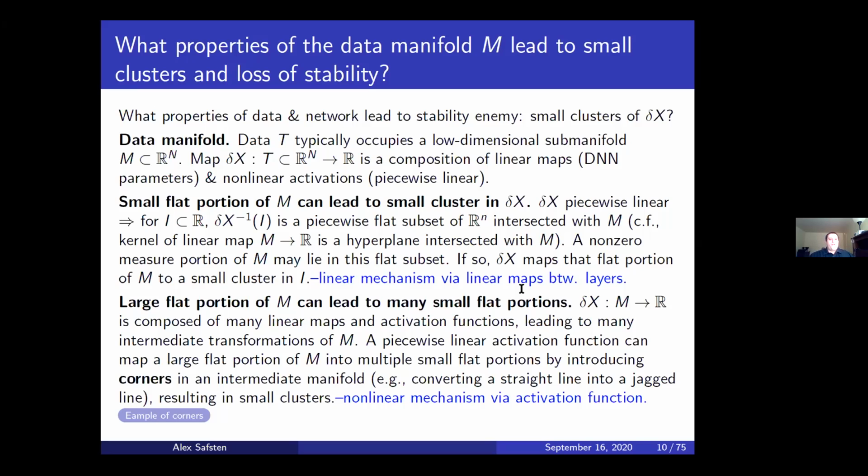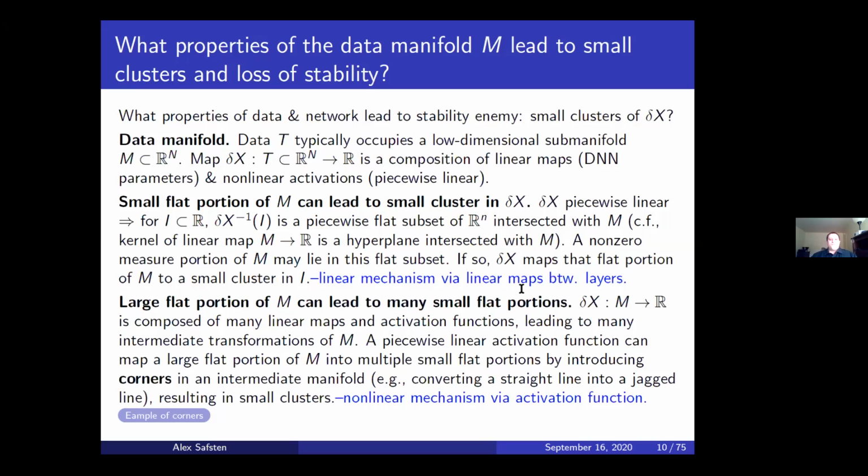So the first point is that a small flat portion of the data manifold M can lead to a small cluster in the set of classification confidence values, delta X's. The reason is that, because we consider piecewise linear activation functions, delta X is itself a piecewise linear function.